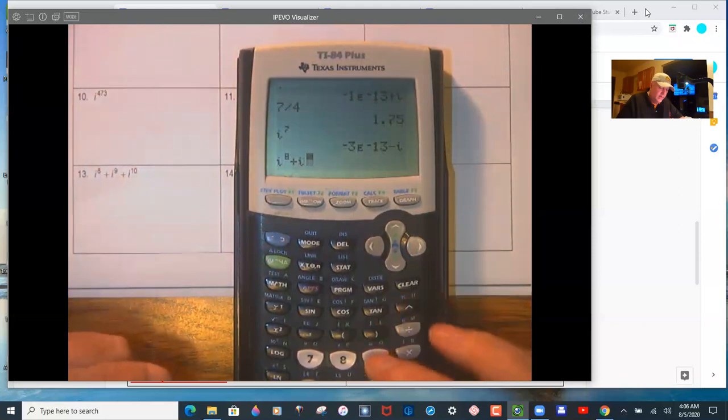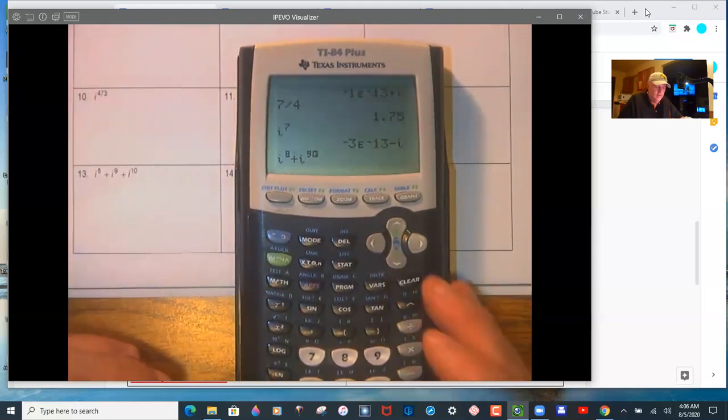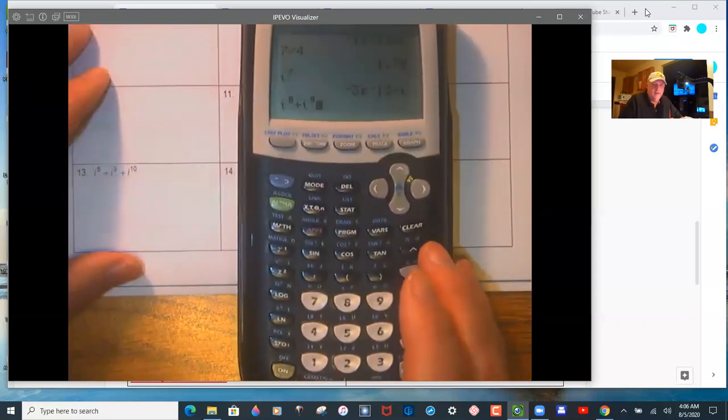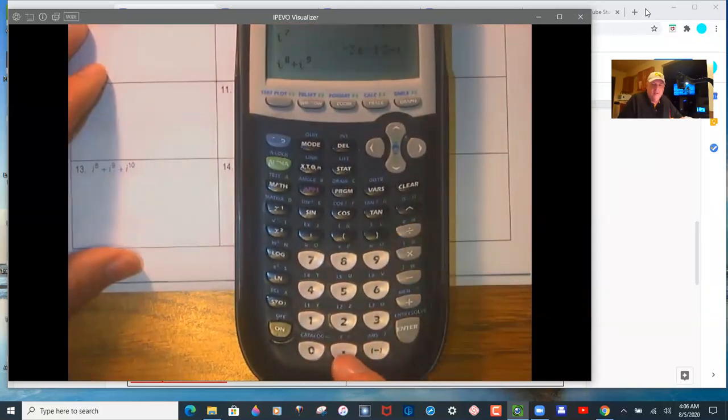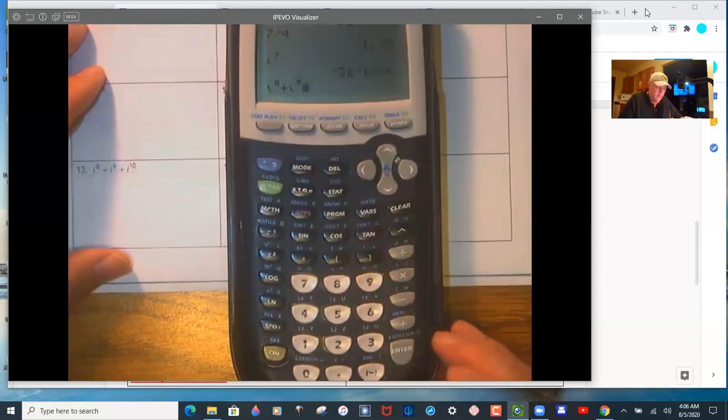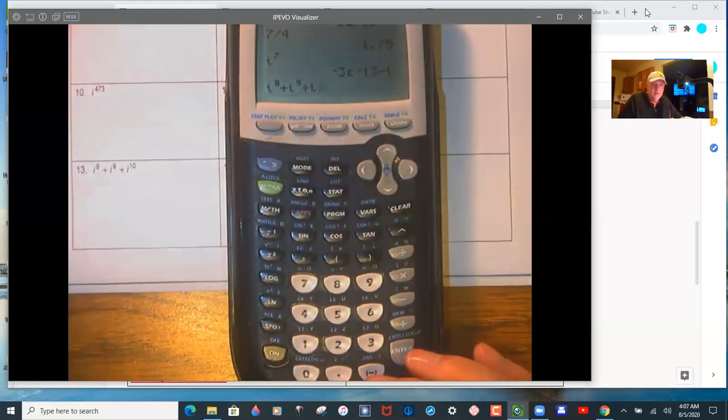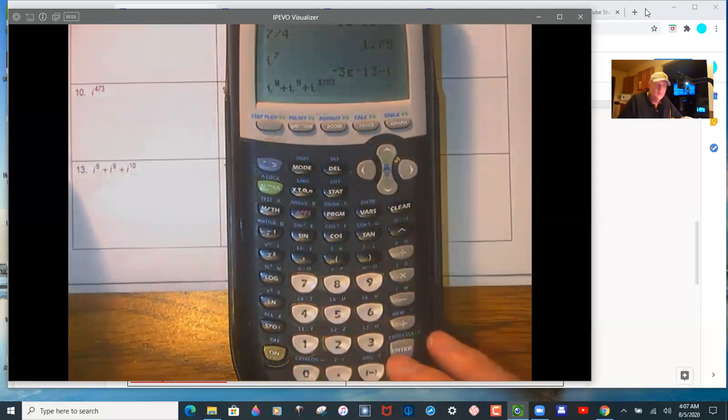Every calculator has an imaginary index key. Your i is right behind the decimal point on this calculator, but you just have to search it out. Go to a YouTube video, you'll find it.